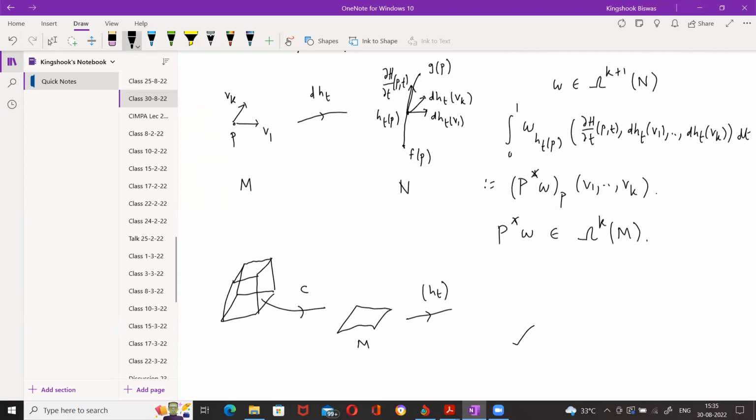So I get this picture here. Okay. Now, what will the integral of omega over this be? This thing is PC. So this is an image of PC.